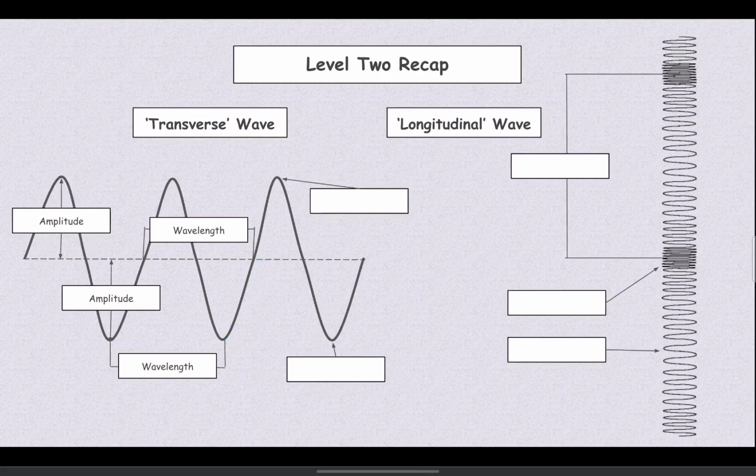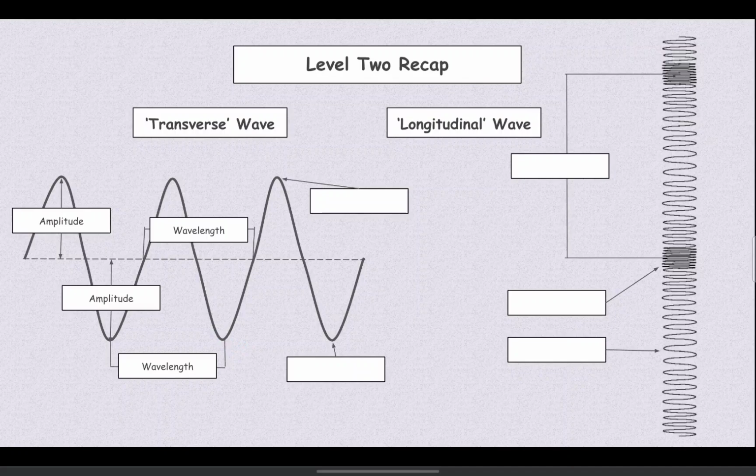Now, when we're looking at our calculations in the next couple of slides, we'll go over that a little bit more. But just if you think about it, so that is the start to the start, whereas this one is, if we imagine this trough being the start, it goes all the way up and to the start again, and that is one complete wavelength.